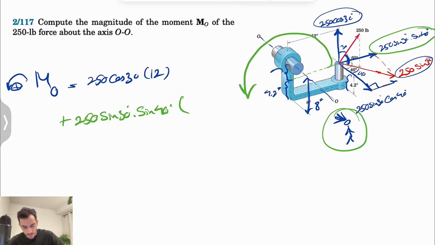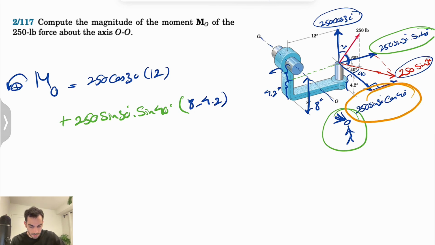So the distance that we are interested in is 8 minus 4.2. So that's the moment of the second force. And the last force is the one in here. If you look at it, it's parallel to the axis OO. Since it's a force parallel to the axis, it's not going to make any moment, so we won't have any moment for that one.